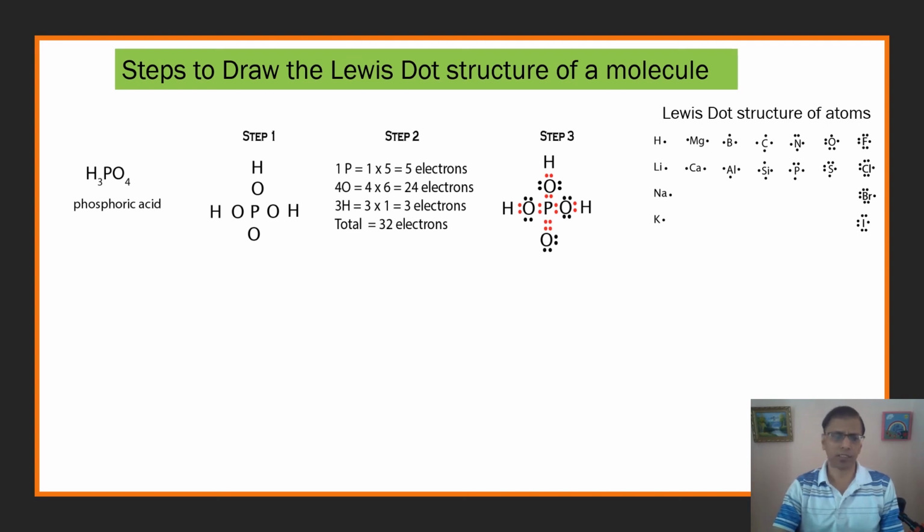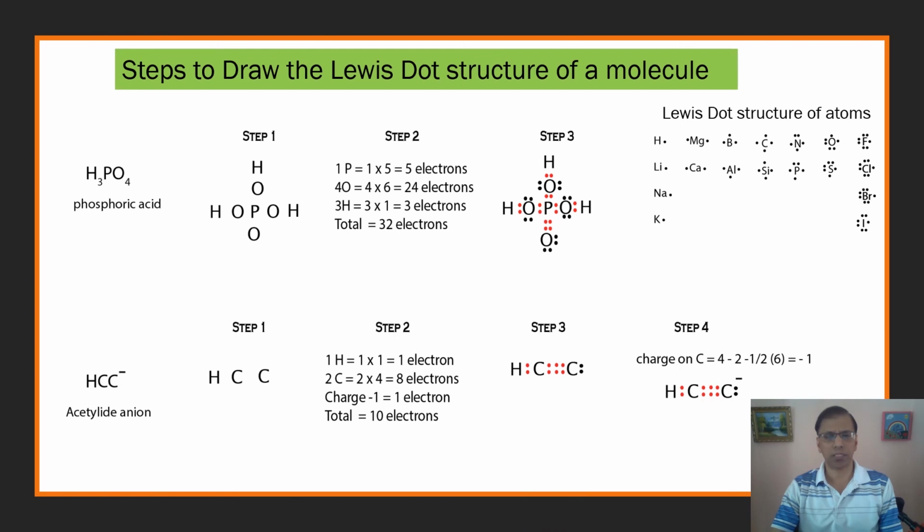Let's look at a second example, which in this particular case has a charge on the molecule. This is the acetylide anion, HCC, and this is the charge. It has a negative 1 charge. The first step is to arrange the atoms based on the number of bonds each atom can form.